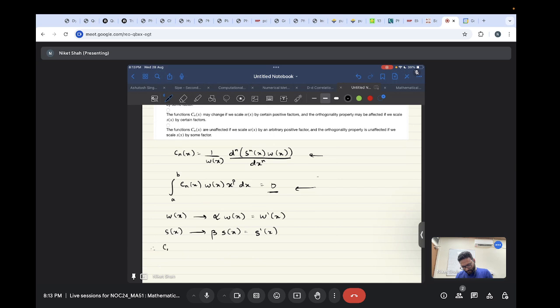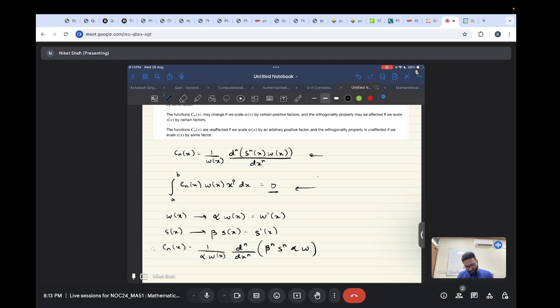Therefore, Cn of x is 1 divided by alpha w of x. This is the new Cn, right? dn by dxn of s power n, which is beta raised to power n s raised to power n alpha w. These are the functions that emerge.